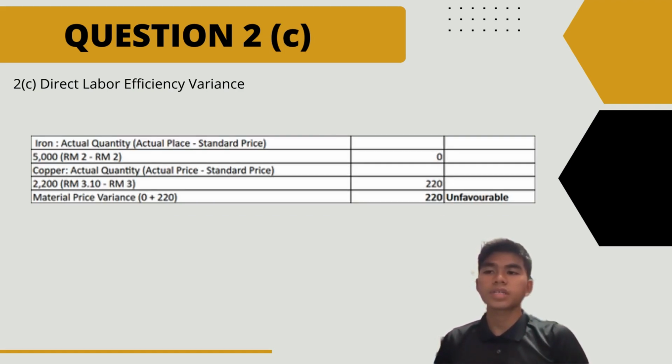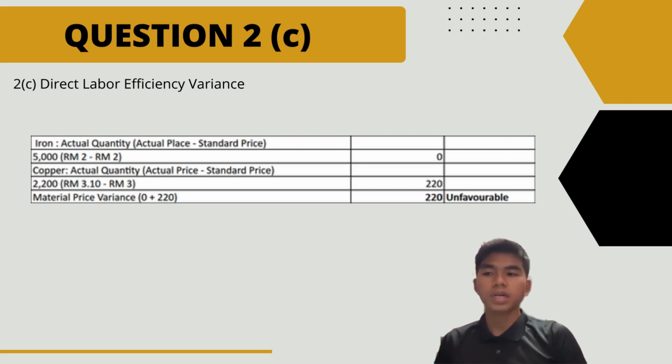And another question is 2C, direct material price variance. First, we calculate the iron. Actual quantity times actual price minus standard price. We got 5,000 times 2 ringgit minus 2 ringgit. Actual price 2 ringgit, standard price 2 ringgit. So we got 0 ringgit.